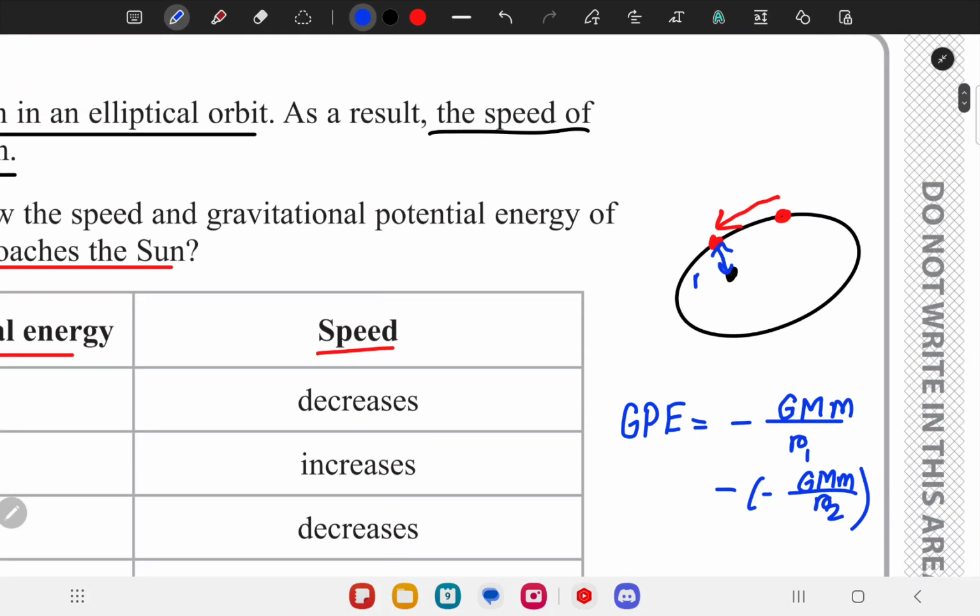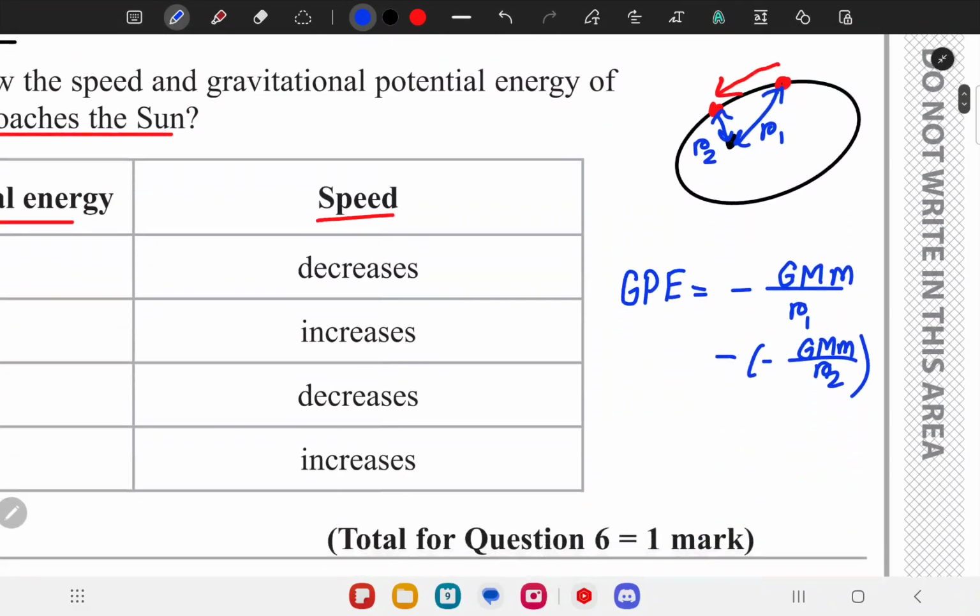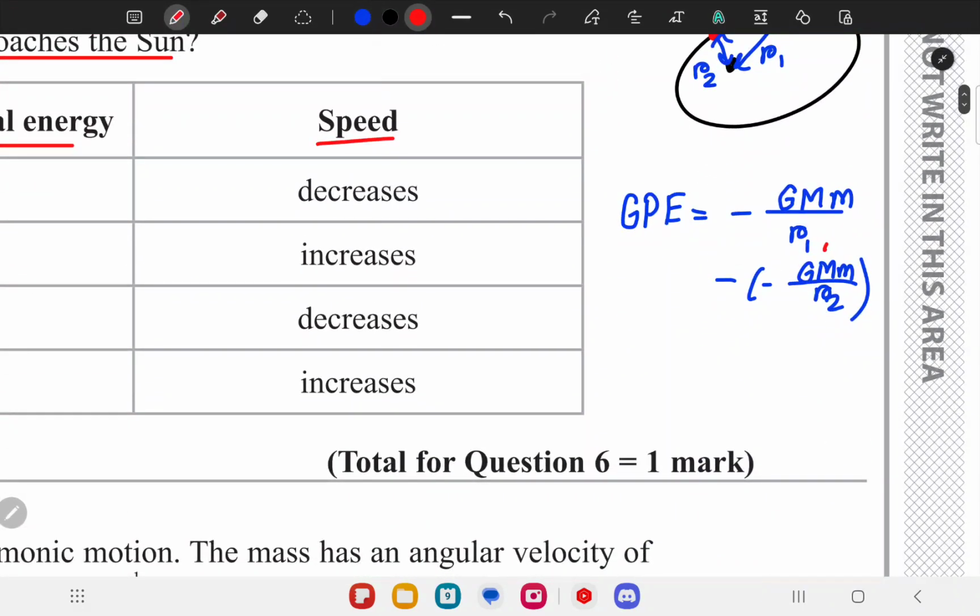This is R2, this is R1. Since R1 is bigger than R2, the term GMm by R1 is smaller than GMm by R2.